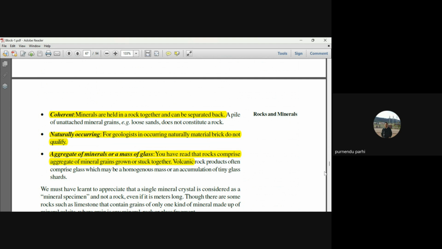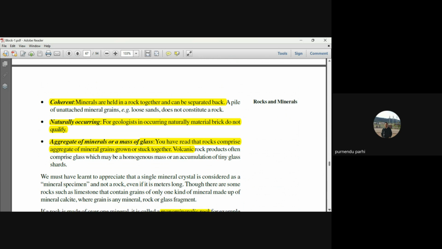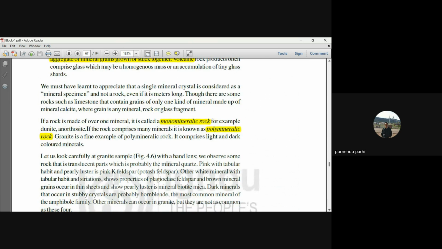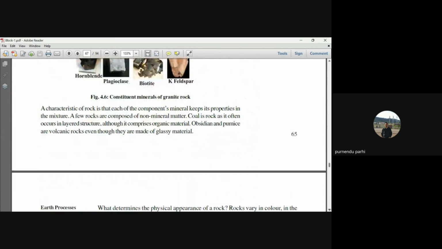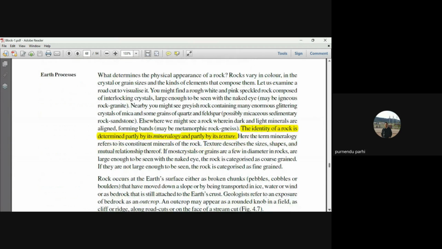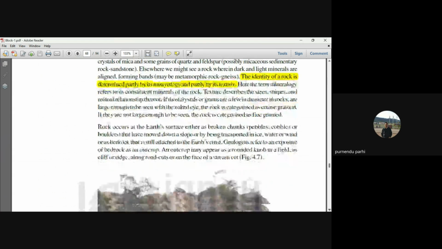Then an aggregate of minerals or a mass of glass. You have monomineralic rock and polymineralic rock also. The identity of a rock is determined partly by its mineralogy and partly by its texture.